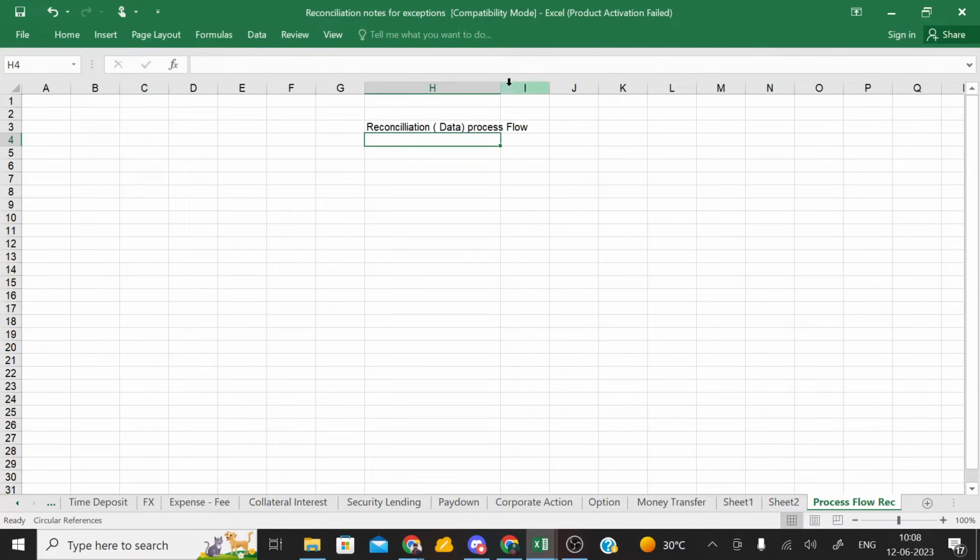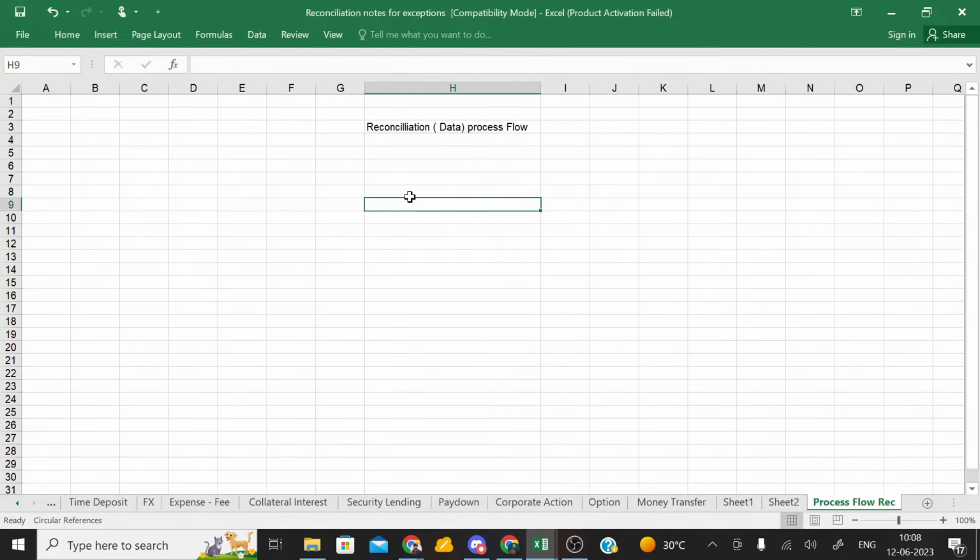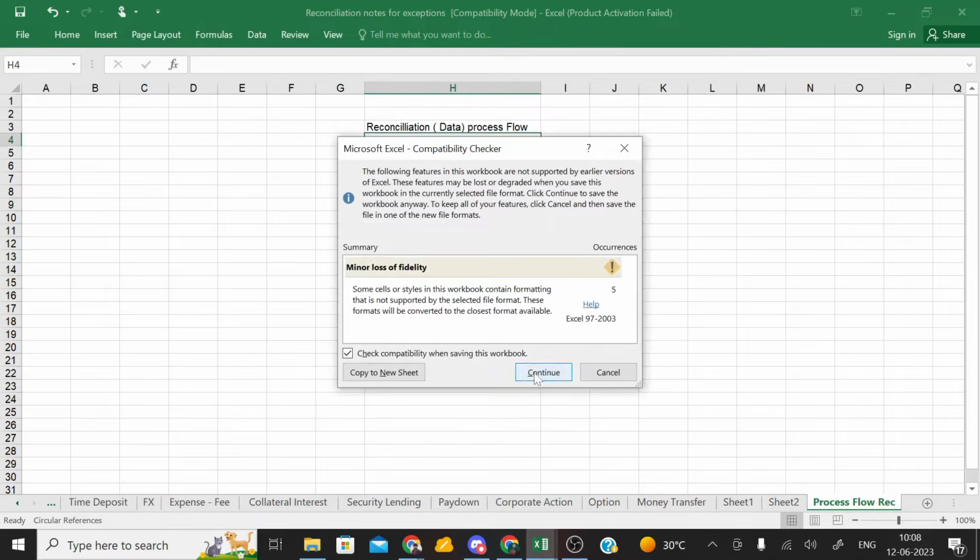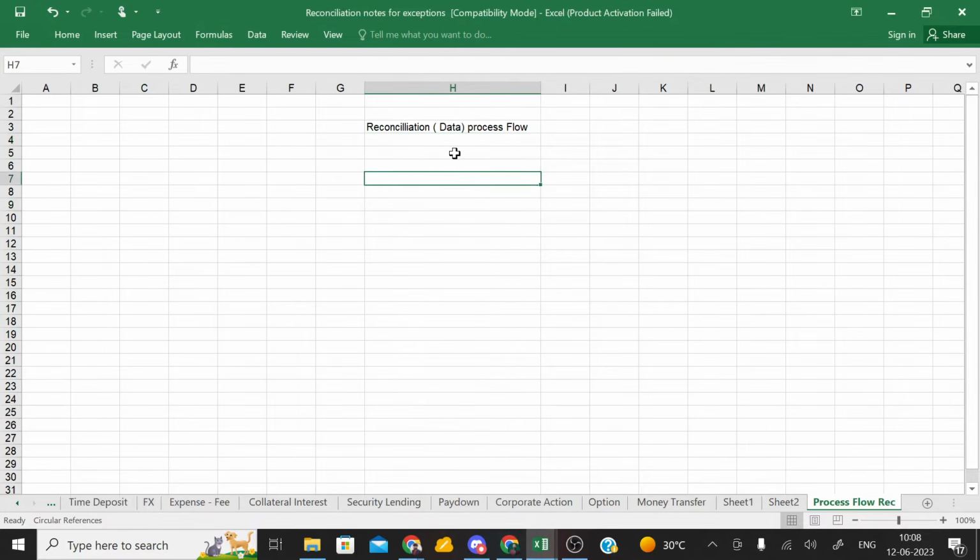The data flow of Recon. Before that, first of all, I'll show you something that you can watch from your side and see: the reconciliation process flow and data flow.